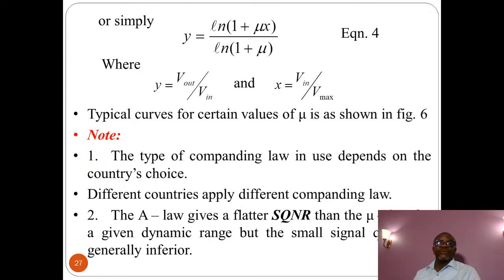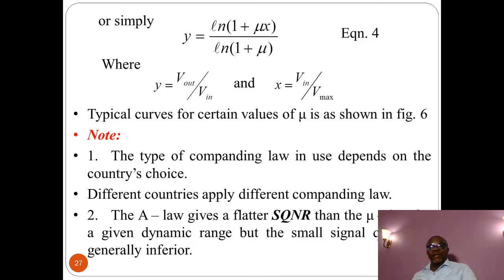Or simply put, y is equal to natural log of 1 plus mu x all over natural log of 1 plus mu, where y is equal to V out over V in and x is V in over V max. If you substitute that in equation 3, you get equation 4.